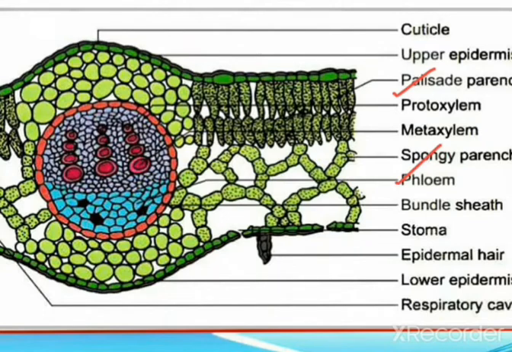In palisade parenchyma, the cells are regular shaped, but in spongy the cells are loosely arranged and irregular in shape. The palisade parenchyma contains more chloroplast and is involved in photosynthesis, but the spongy parenchyma contains less chloroplast. They are involved in gaseous exchange with these air spaces.